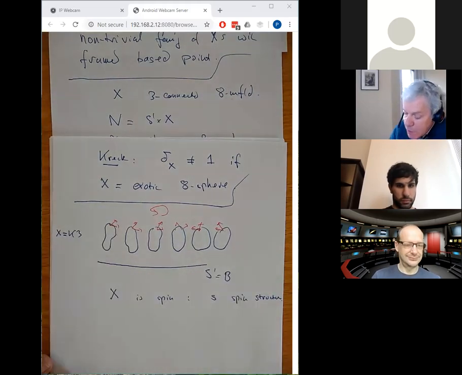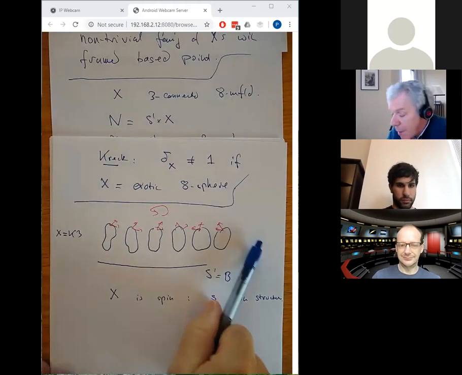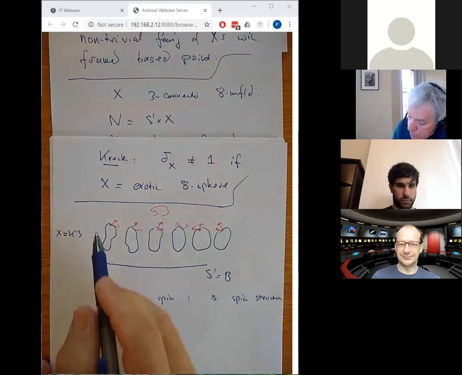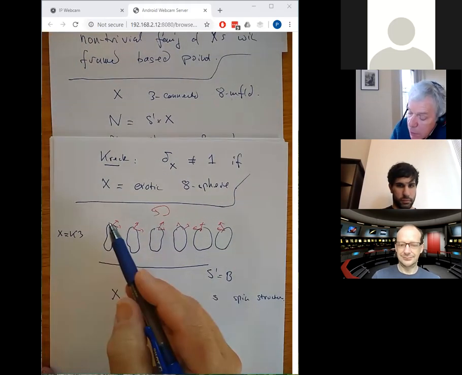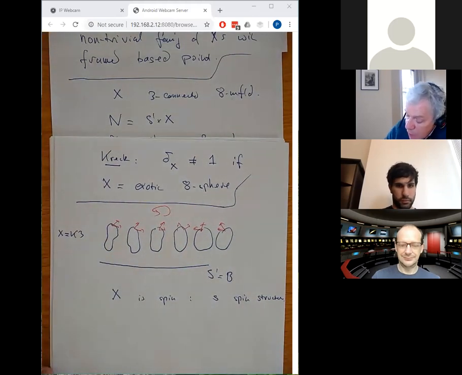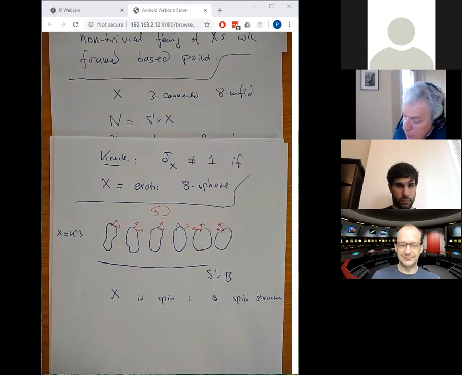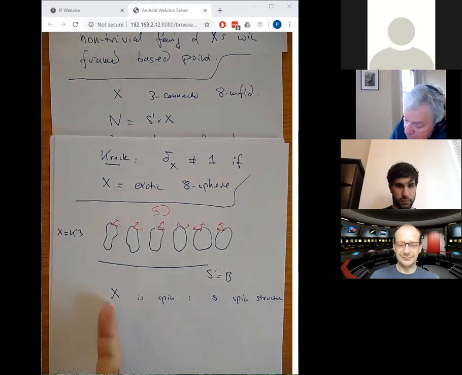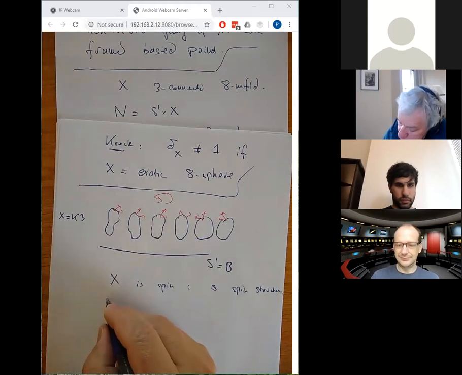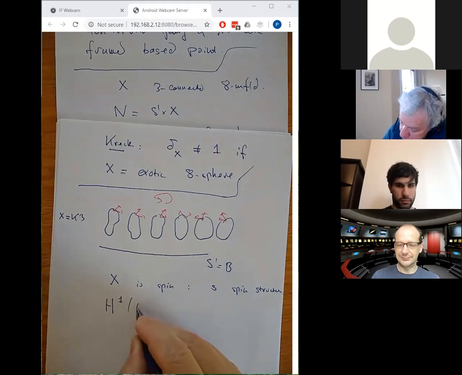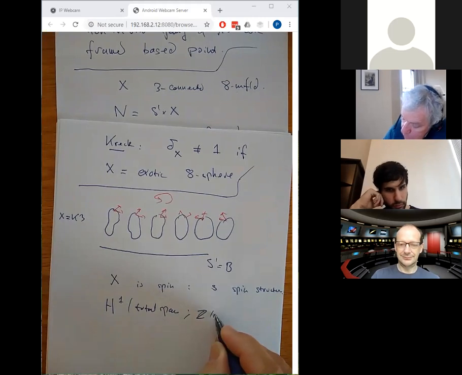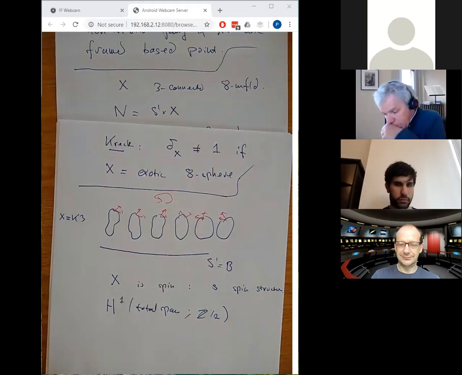But if I want to put a spin structure on the total space, or slightly more appropriately here, if I want to consider a fiber-wise spin structure on X, that's a smoothly varying spin structure on each fiber. I've got 2 ways to do that. On the fiber, there's this unique spin structure, but there's H1 of the total space with coefficients in Z2, which acts on the set of spin structures.